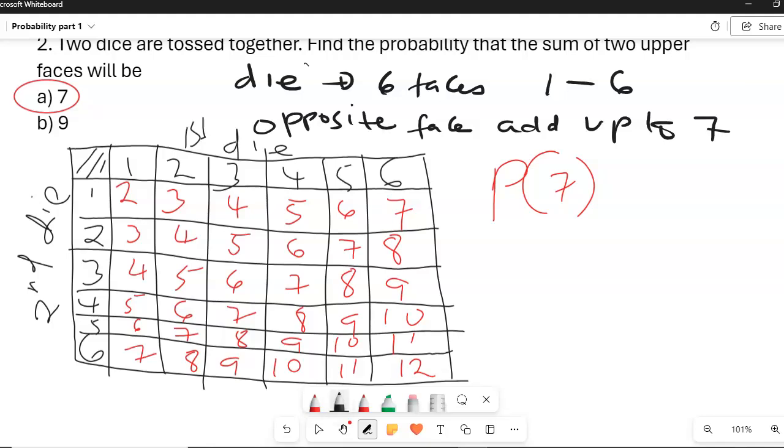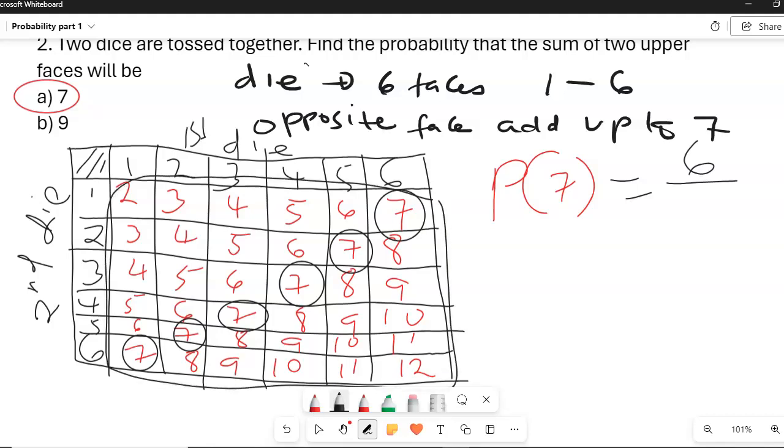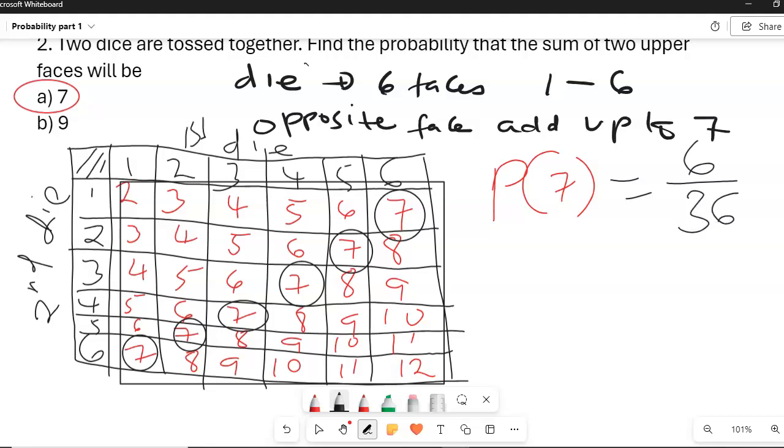From our table we have 7 appearing 1, 2, 3, 4, 5, 6 times. So the probability is 6 out of the total outcomes, which should be 6 times 6, so 36. So that is the probability of getting a 7.